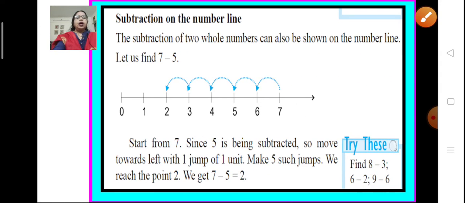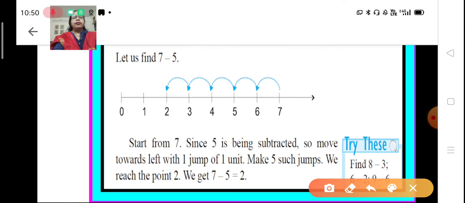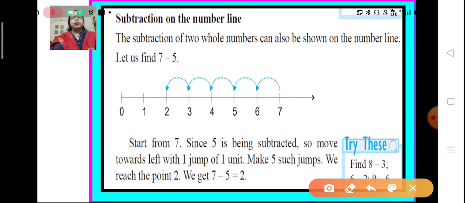Now, how can we do subtraction on the number line? When we are adding the numbers, we move towards the right. But when we subtract on the number line, we move towards the left. Suppose here we have an example, 7 minus 5. Alright. So, we have to subtract 5 from 7. What do we do?